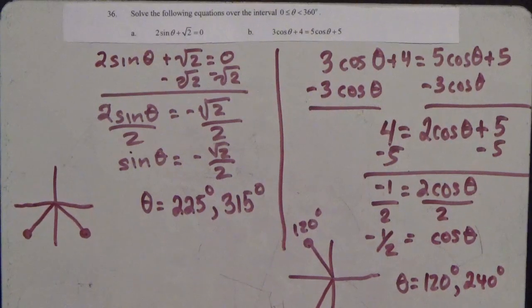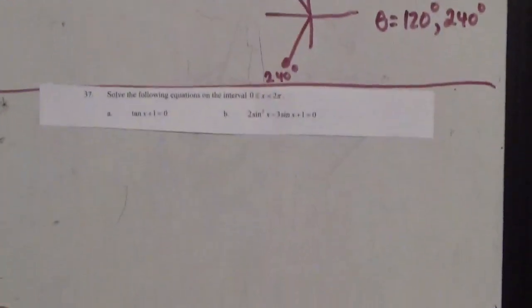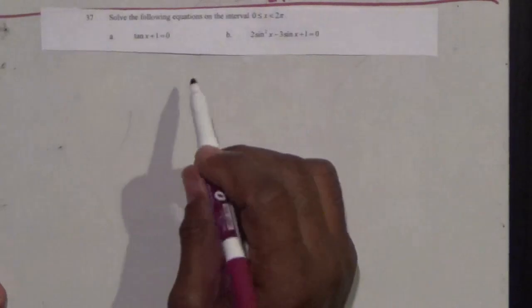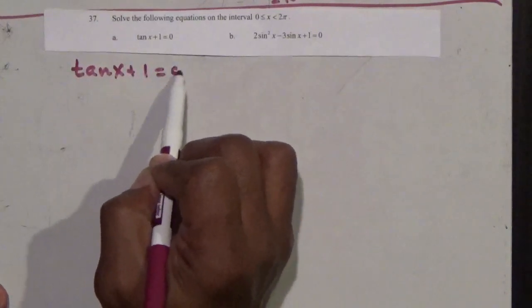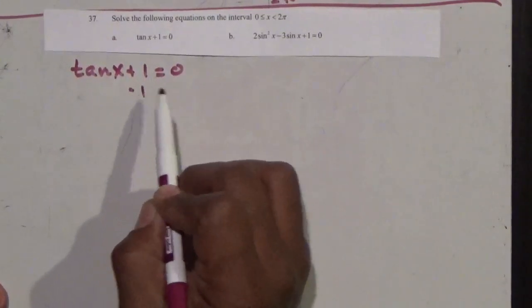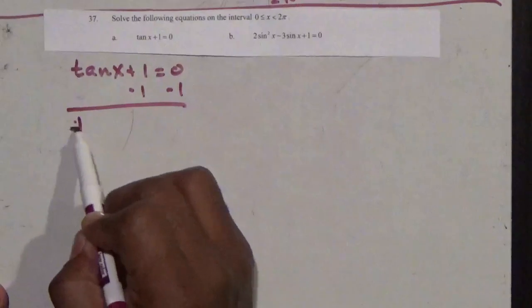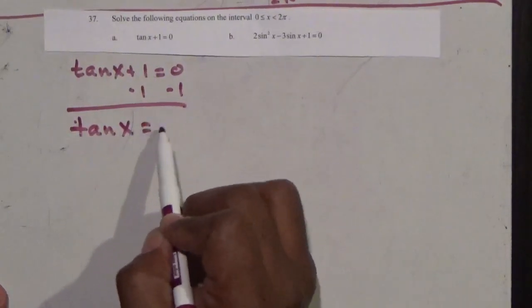Number 37. Might as well keep going on the sheet. Find the following in radians. We have tan x plus 1 is equal to 0. We're going to subtract 1 from both sides. We have tan x is equal to negative 1.